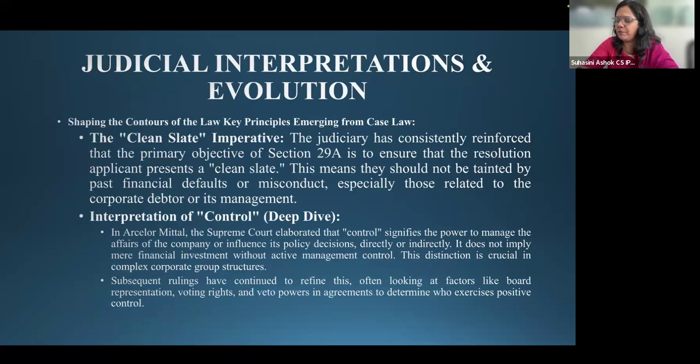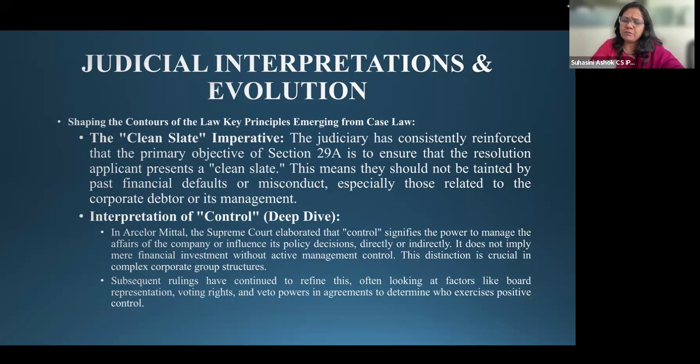So we will go to a few judicial precedents. We have covered the importance of Section 29A, and we have dwelled upon the various persons covered under 29A as ineligible, how the ineligibility and disqualification has to be ascertained based on the provision requirements, and how during the CIRP or liquidation the RP or liquidator has to do the diligence and ascertain the connected persons or the disqualification of the corporates, group companies, joint ventures.